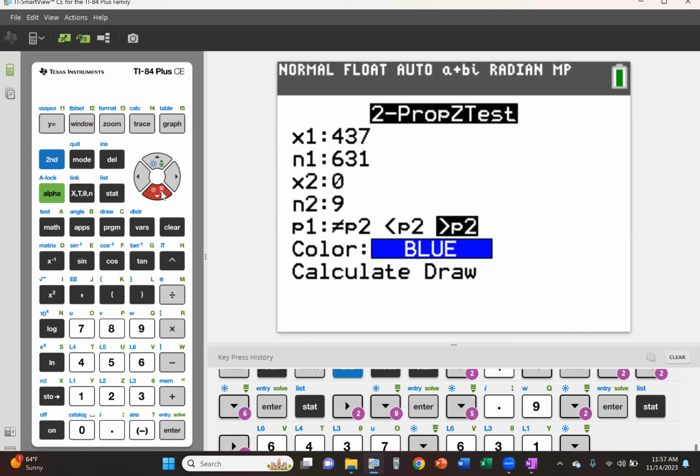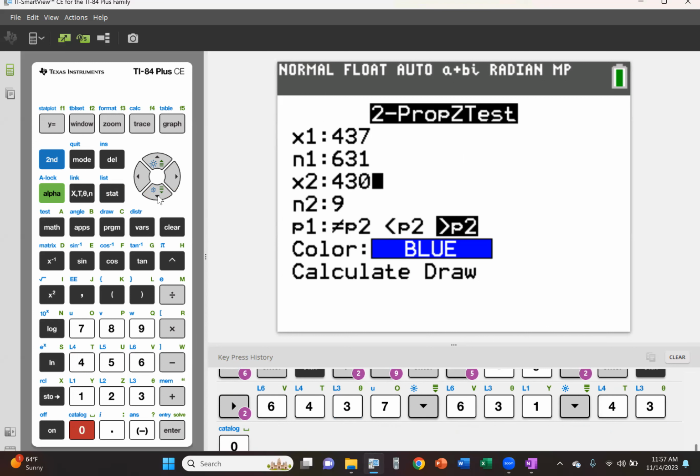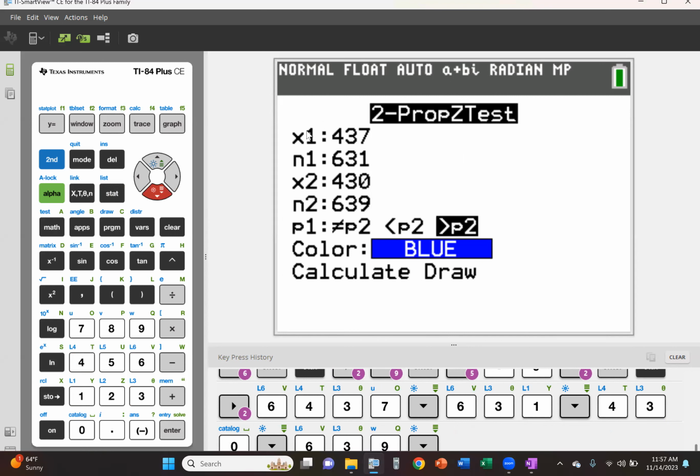And we had 430 Democrats out of how many were surveyed? 639. And we're interested in, are the Republicans, which are the first group, X1 and N1, greater than the second group, which is Democrats, which is 430 and 639. So we are interested in if P1 is greater than P2.